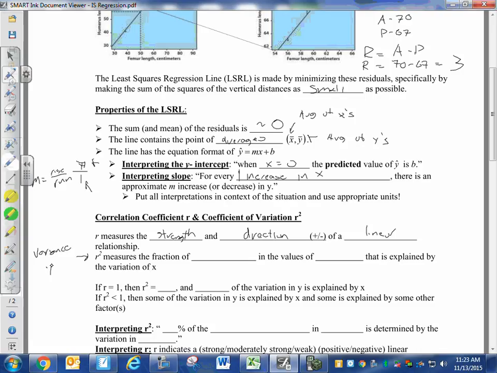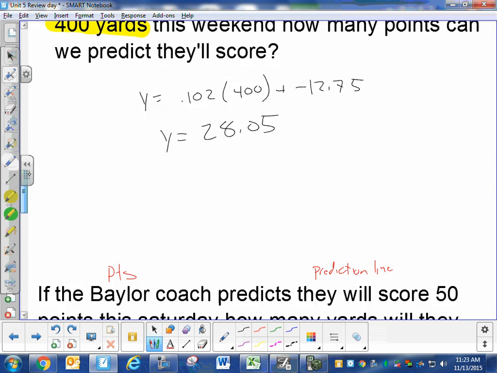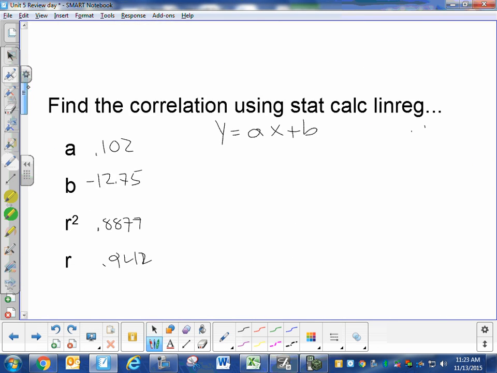R squared is a percent. Okay? If we look back on our previous situation, R squared, 0.8879, we would read that as 88.79%. And I'll show you exactly what that percentage means in a second.